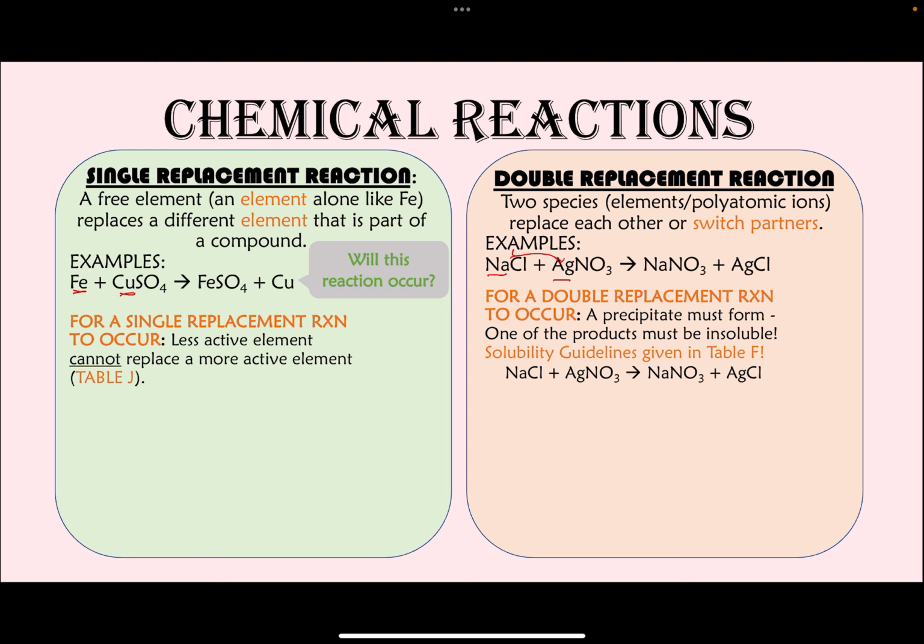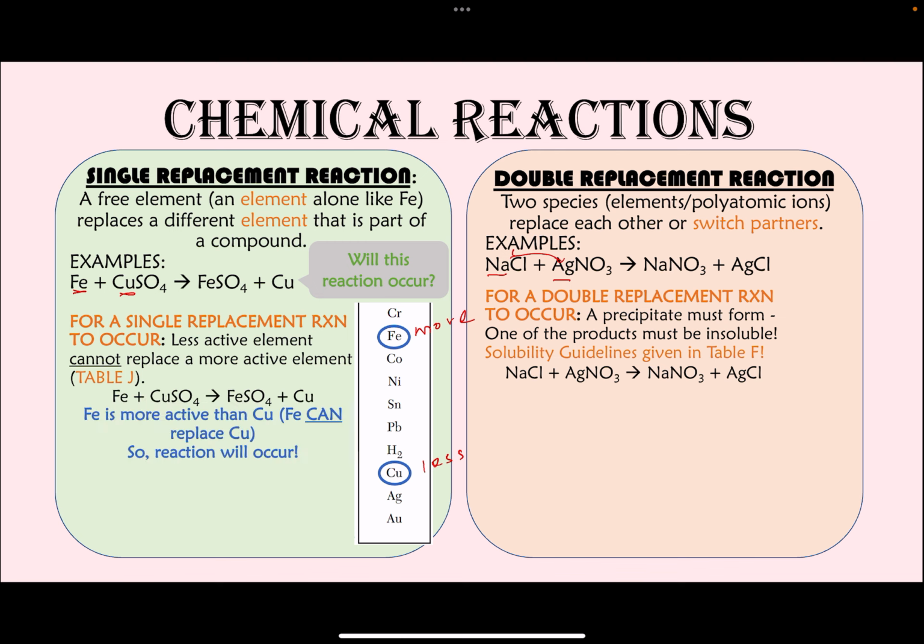To figure out how active metals are compared to other metals, we look at Table J. Going with the example that we discussed earlier, you notice that iron is above copper. This means iron is more active and copper is less active. Because iron is more active, it can replace copper. Copper, however, cannot replace iron.